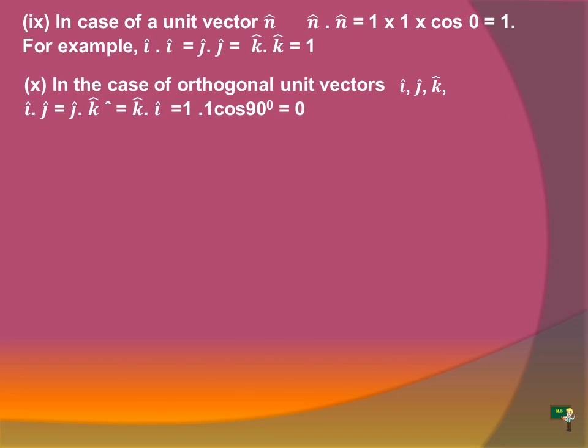In the 10th property, in the case of orthogonal unit vectors, remember, if it is orthogonal, they are at right angles to each other. i, j and k: i cap dot j cap is equal to j cap dot k cap, which is equal to k cap dot i cap. All are equal to 1 into 1 cos 90 degree, which, you know, cos 90 degree is equal to 0.